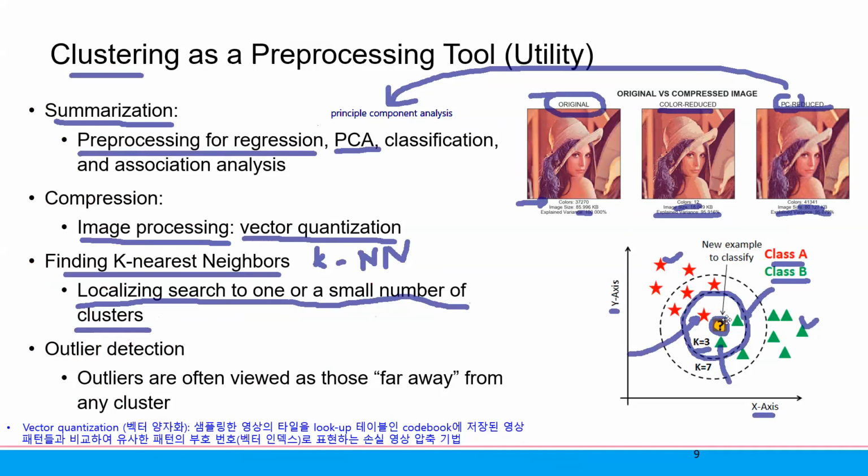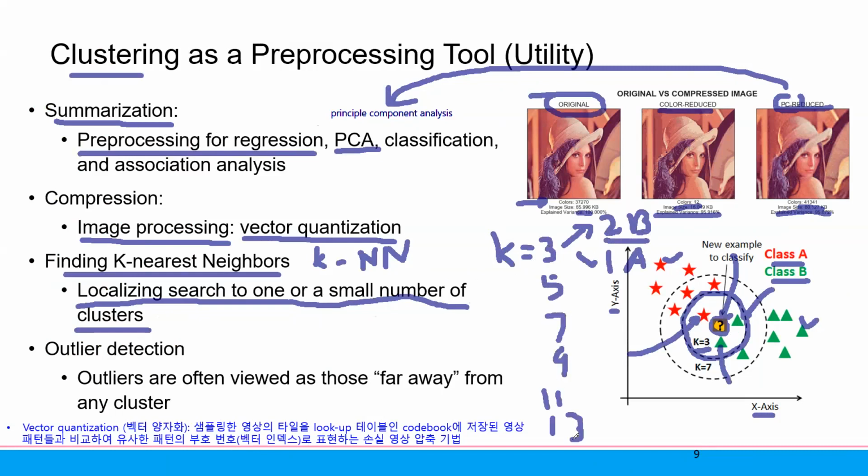Then we can assign this to class B, because when we have k equals 3, 2 of them are B and 1 of them is A. So we assign the majority, which is B. For this algorithm, KNN, we usually use an odd number, like 3, 5, 7, 9, 11, 13.